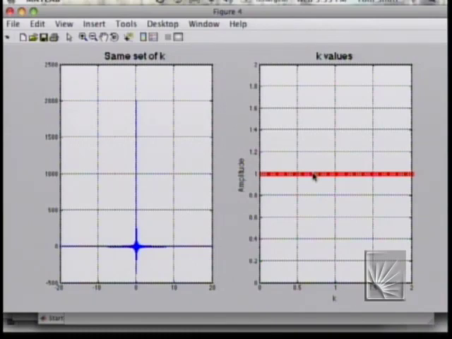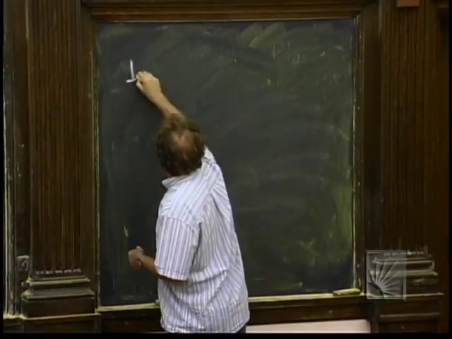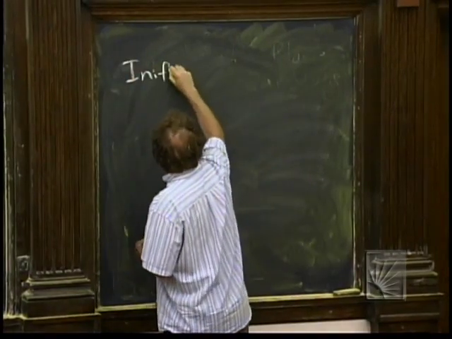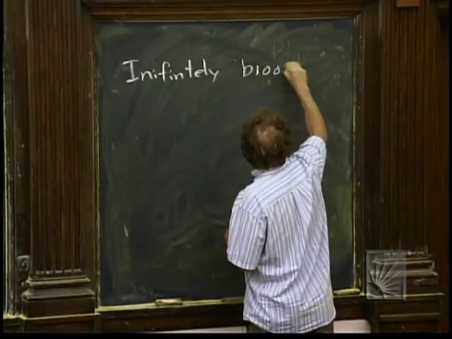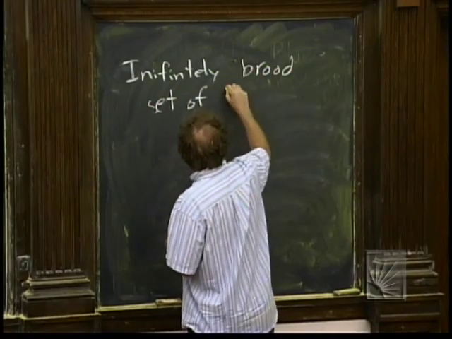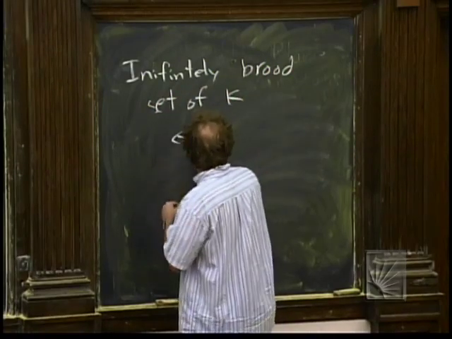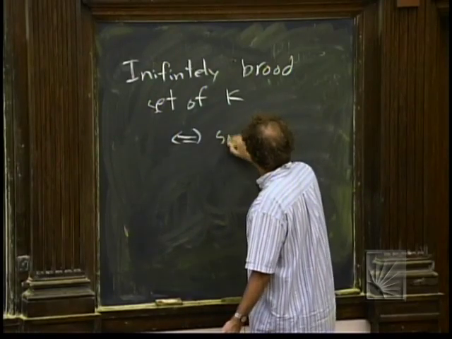Let me erase this and write this down. If I take an infinitely broad set of k, I get a spike.